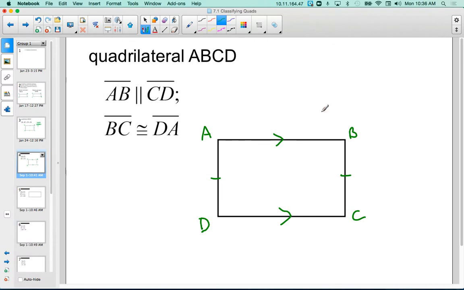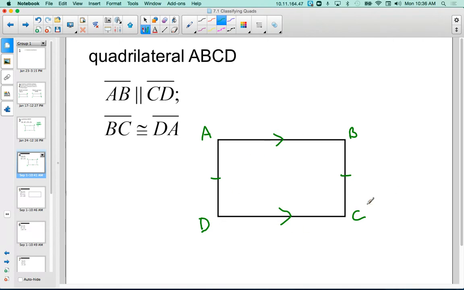Now, let's take a look at what fits this description. Now, all parallelograms do fit this description, okay? Because I know in all parallelograms, opposite sides are parallel and opposite sides are congruent. So that would be a parallelogram, rhombus, rectangle, square. Let's see, does it fit trapezoid or kite?